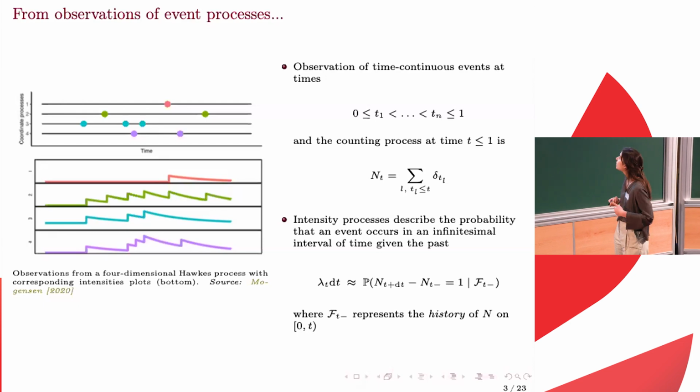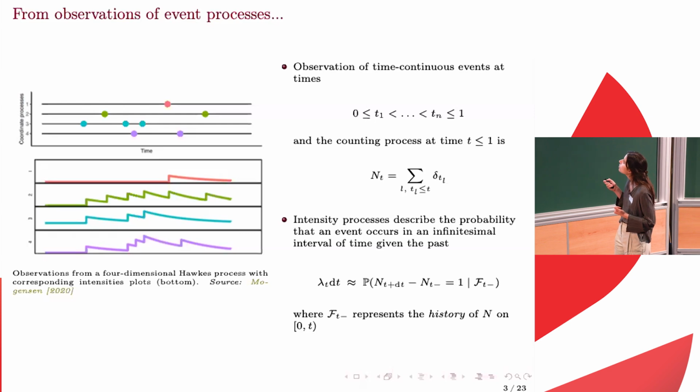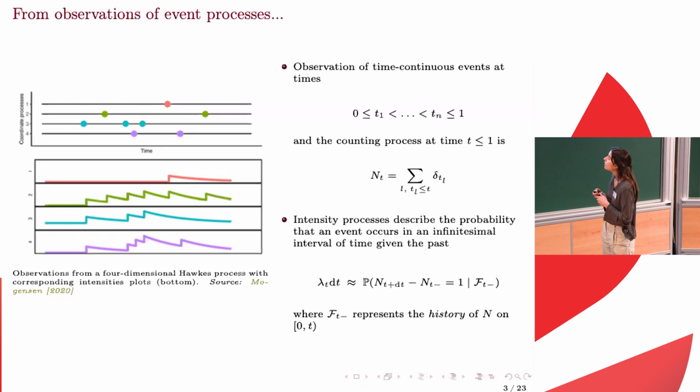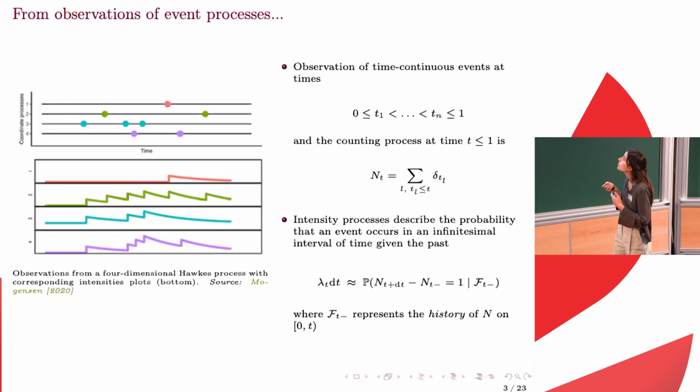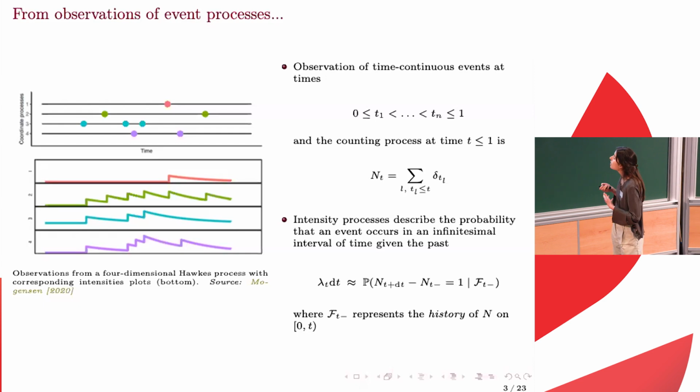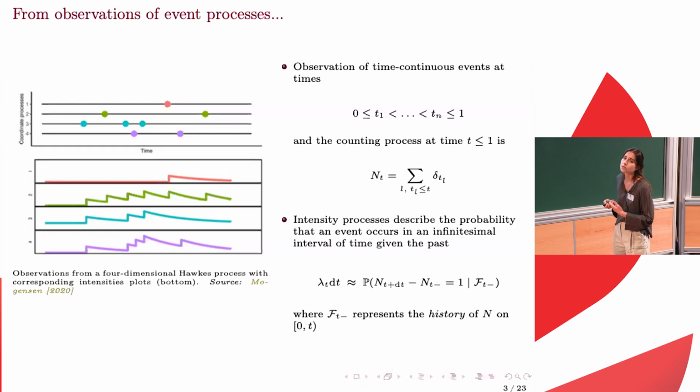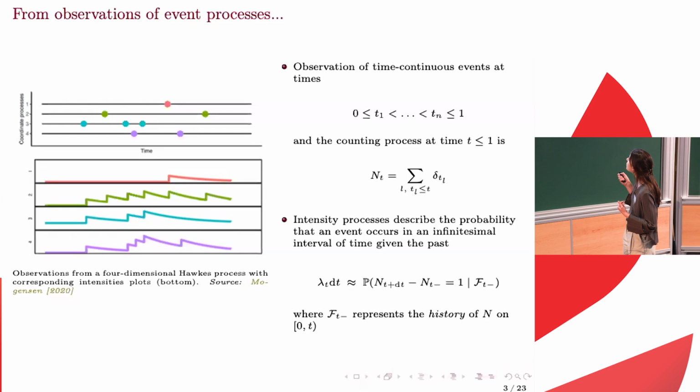What is interesting is to be able to know if, for instance, the blue disease here has influenced the green disease or not. How can I answer this question? Well, first you can look at the intensity process, which describes the probability that an event occurs in an infinitesimal interval of time given the past.